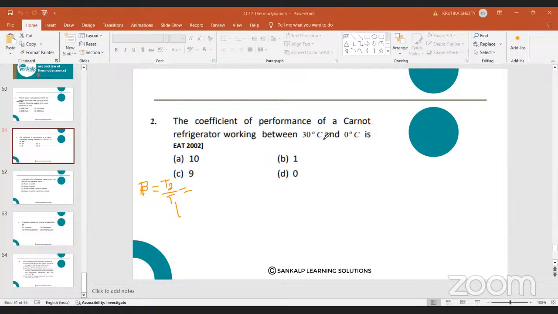So 0 degrees Celsius is 273, and plus 30 is 303.